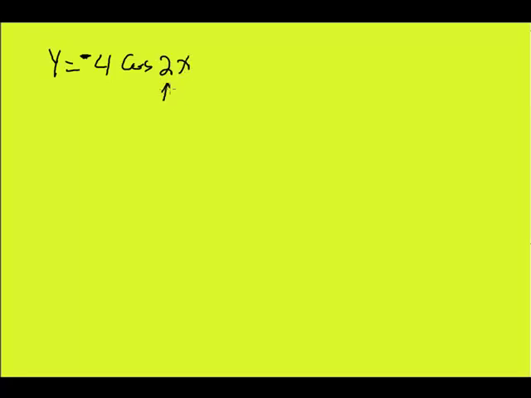But first of all, this 2 is going to change that, and my period now is going to be 2 pi divided by 2, which is pi. So what it means is after a pi, it's going to start repeating again. This is my amplitude. Amplitude is always positive, which is 4. But the negative sign in the front will do something to it, so let's go ahead and sketch the graph of that.